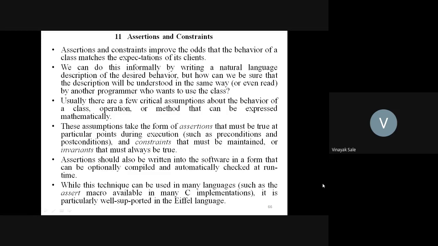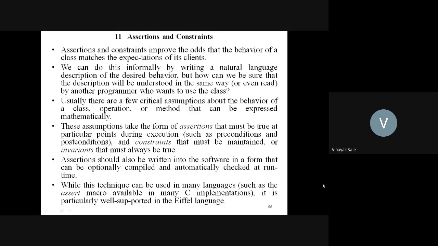Usually, there are a few critical assumptions about the behavior of the class, operations, or methods that can be expressed mathematically. These assumptions take the form of assertions that must be true at particular points during execution, such as preconditions and postconditions, and constraints that must be maintained, or invariants that must always be true.